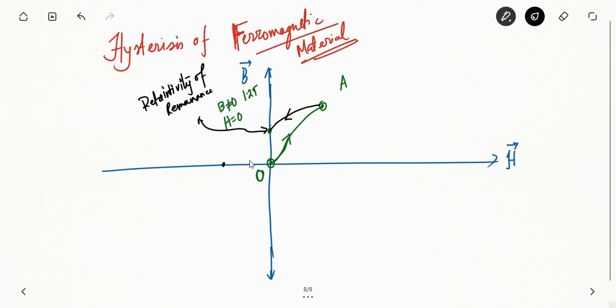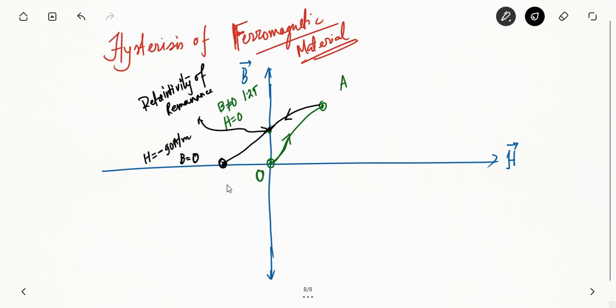So at that point B equals 0 but H equals some negative value, suppose minus 90 ampere per meter.